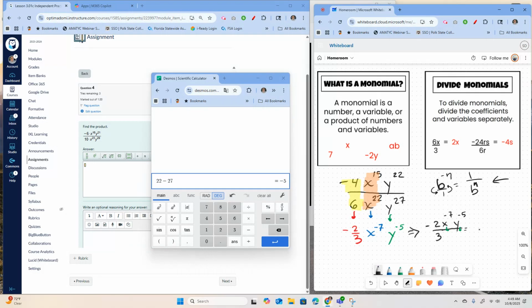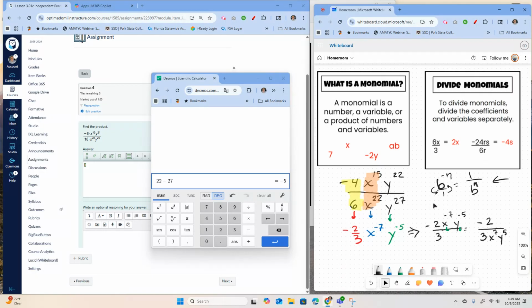So my answer is going to look like this. Negative 2 stays on the top because it doesn't have a negative exponent. But the x will go to the bottom next to the 3, now with the exponent positive. And the same thing happens with the y. It goes to the bottom next to the 3. And that will be the final answer. However, I think in the homework, you can leave your answer like I have it here in colors.